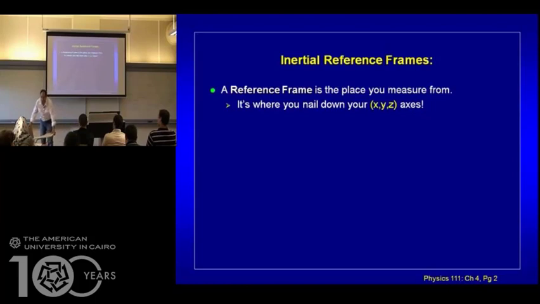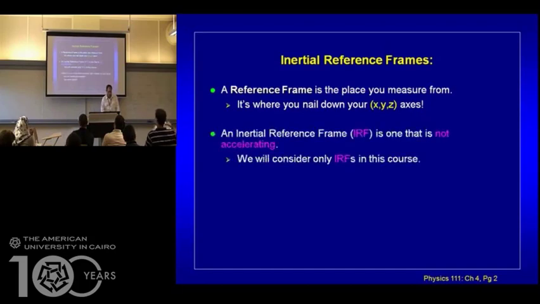This is the frame, X, Y, and Z. I can measure the position of each one of you according to that frame, but if the frame is moving with constant speed, or if it's at rest, I call it IRF. If it's accelerating, then I call it just a reference frame, a frame that we measure everything relative to. That's it. So this is the definition of a reference frame or inertial reference frame.